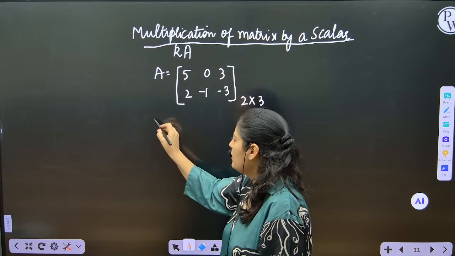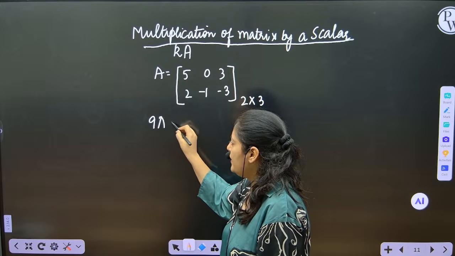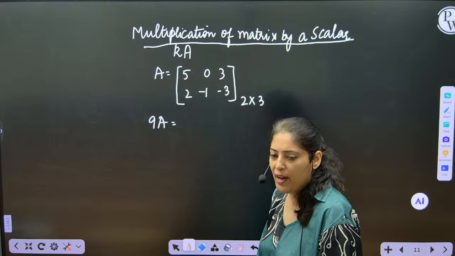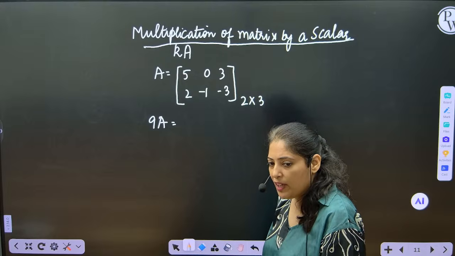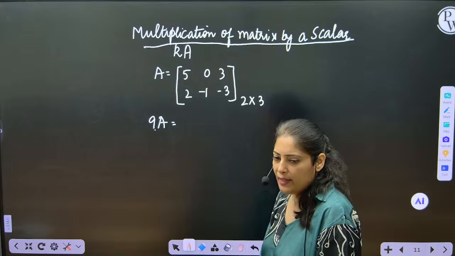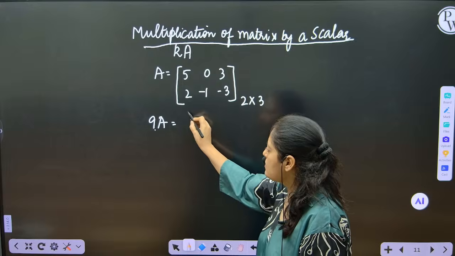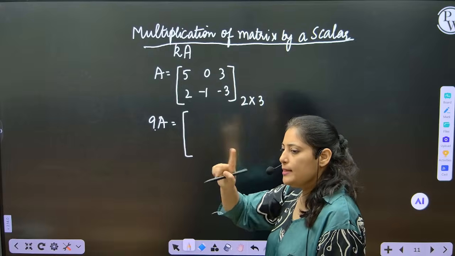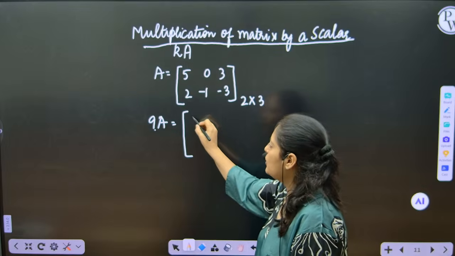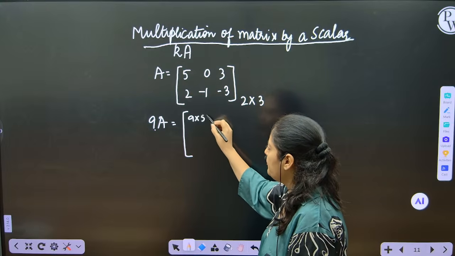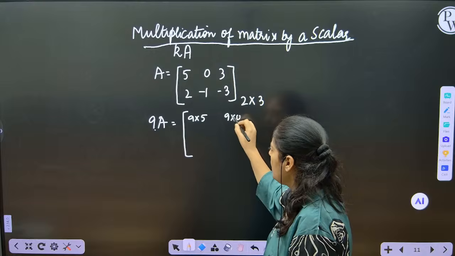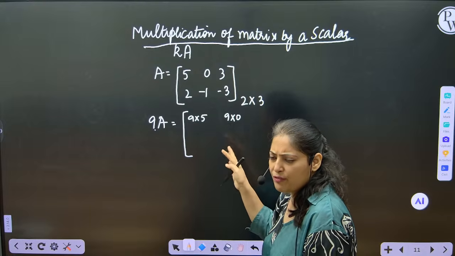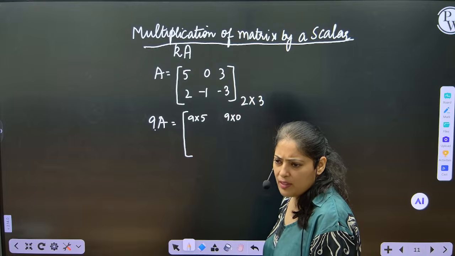Randomly I am taking 9 times A. If I am multiplying any matrix with 9, this 9 will be multiplied with all the elements. 9 into 5, 9 into 0. Of course, you don't have to do this step in the exam.